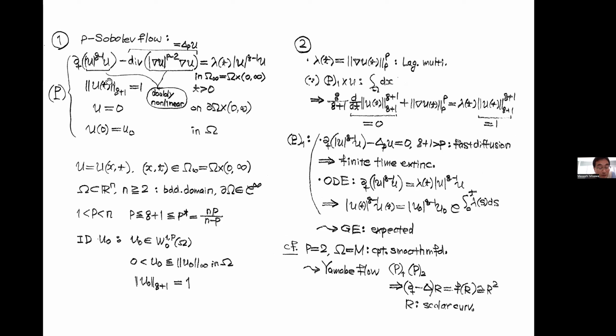It's a little complicated at first glance, but I will try to explain this equation.